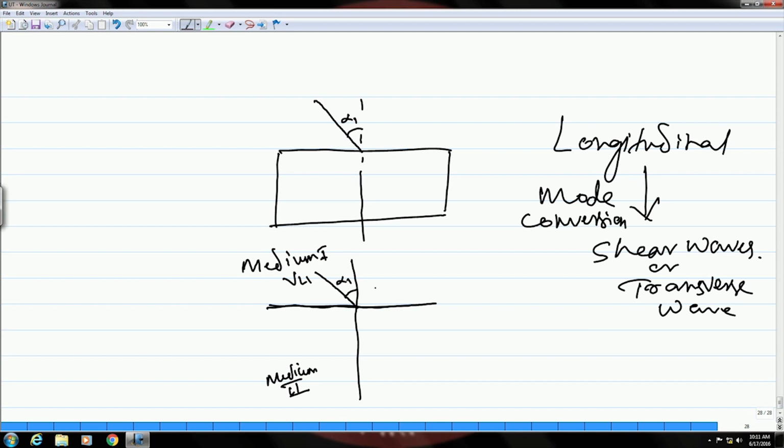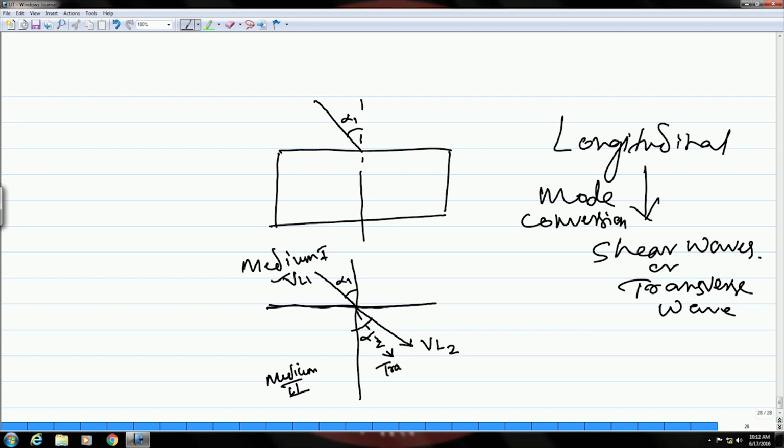And across this interface, since now it is entering another medium, there will be a change in the path of this wave, okay, due to refraction effects. And let us say this is the velocity in medium 2 and V L 1 is the velocity in medium 1. Okay. And as I said, a small part of this can also be converted into a shear wave or transverse wave.